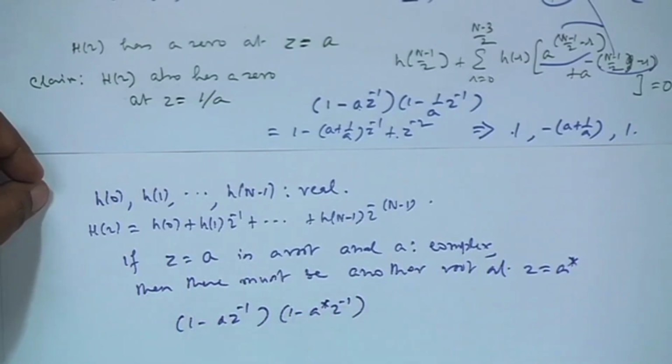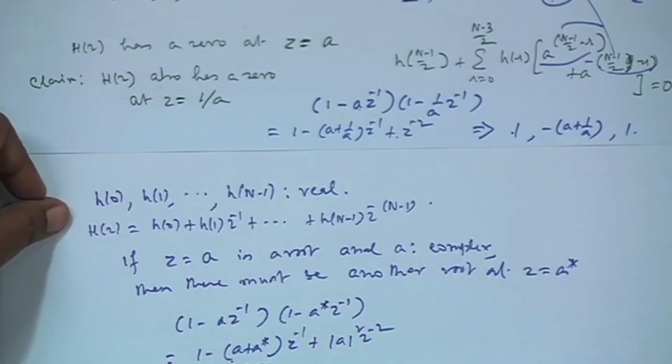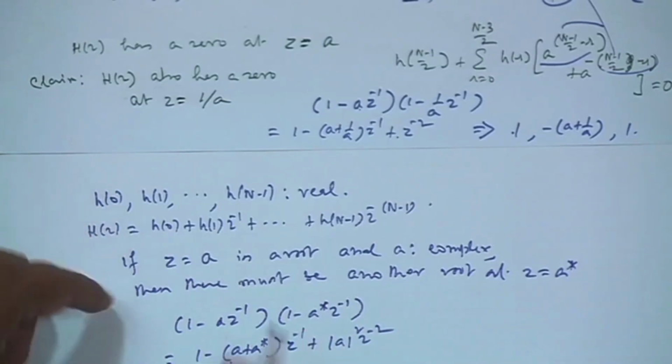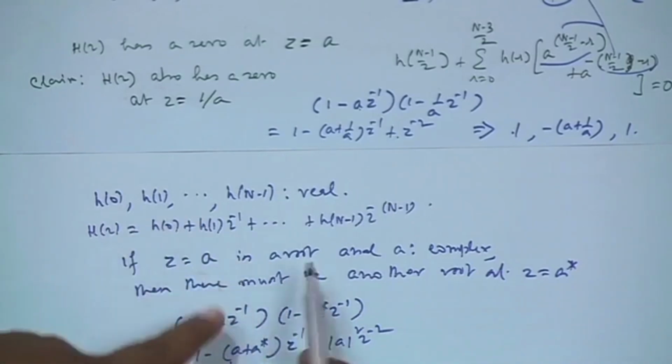Together if you multiply just these two, what will happen is 1 minus a plus a star z inverse and a into a star, that is mod a square z inverse 2. And you see a plus a star is real and mod a square is real. So, you get a polynomial with real coefficients. So, this way whenever you have got a complex root, there will be another root conjugate of it.